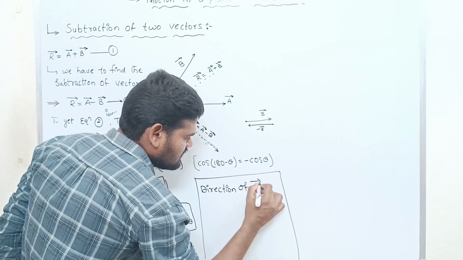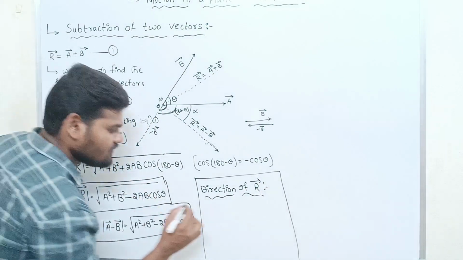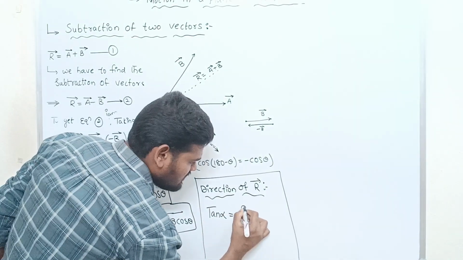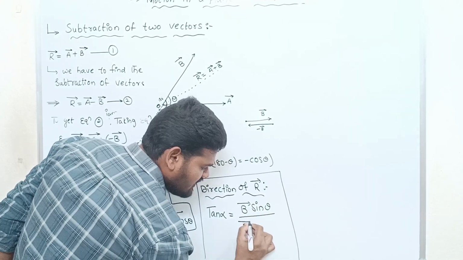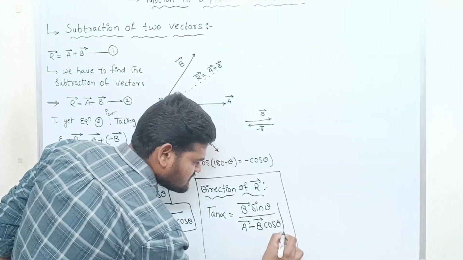All these things we have already discussed. So tan alpha is equal to b bar sin theta divided by a bar minus b bar cos theta.